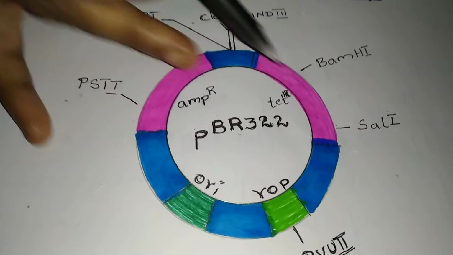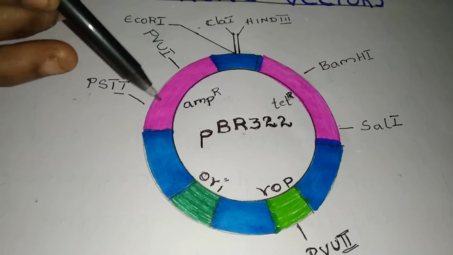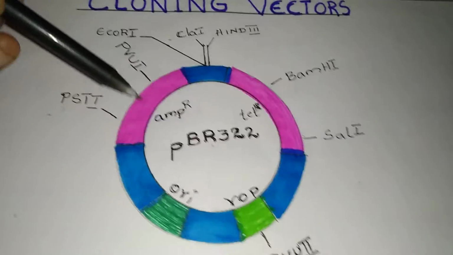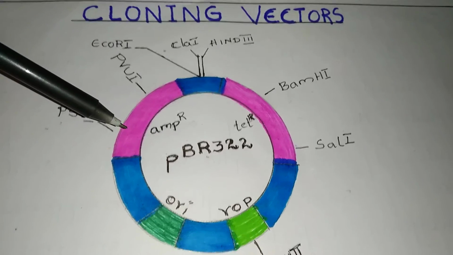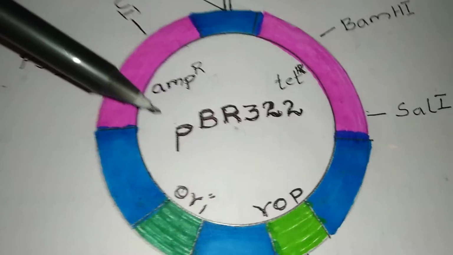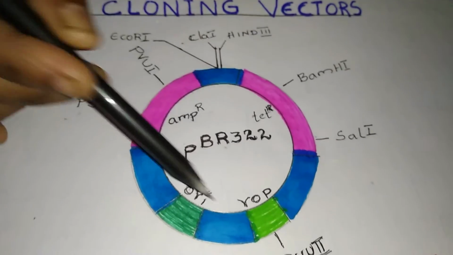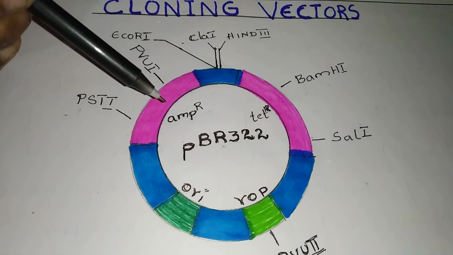These are called selectable markers. These are the gene sequences which are responsible for certain antibiotic resistance. Here in this plasmid, the original plasmid isolated from Escherichia coli does not have any antibiotic resistance genes. This is a constructed, artificially synthesized plasmid.